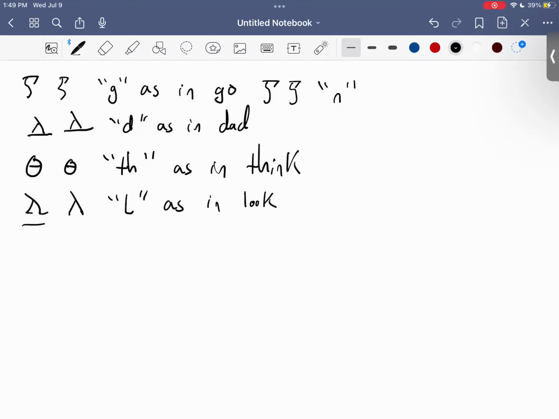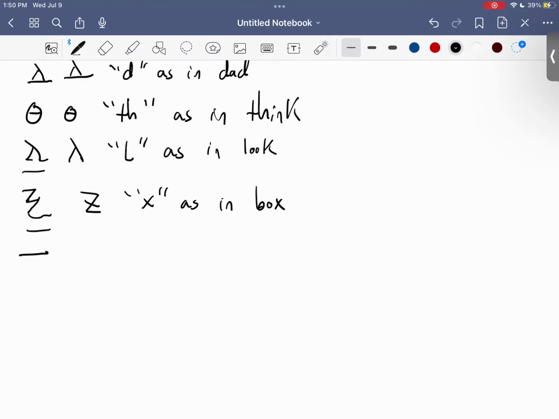The next we have is a very complicated one. Okay, but it's this. And this is the uppercase version of it. I'll show you, this is the lowercase version of it. This is XC. It makes an X sound, as in box. Okay, XC as in box.